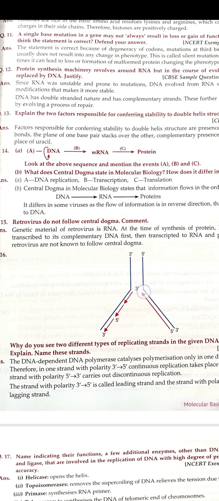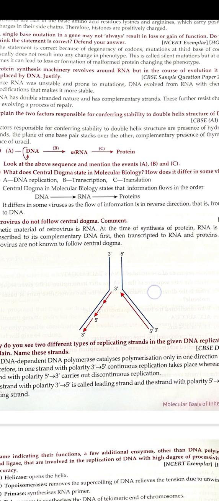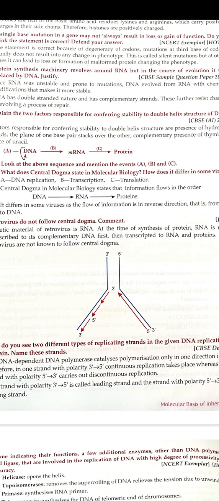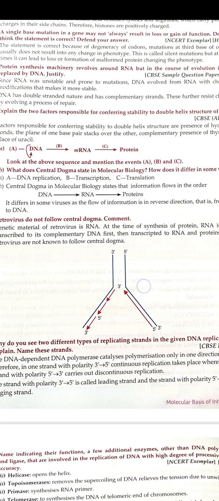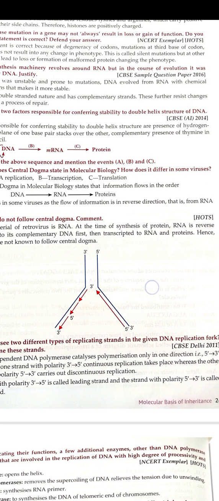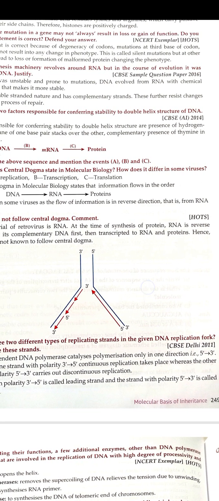So the answer is, A DNA replication, B transcription, C translation. Central dogma in molecular biology states that information flows in the order DNA to RNA and RNA to proteins. It differs in some viruses as the flow of information is in the reverse direction, that is, from RNA to DNA.